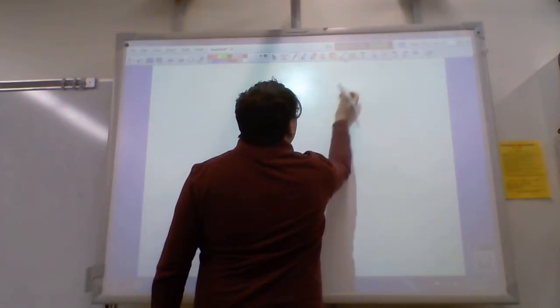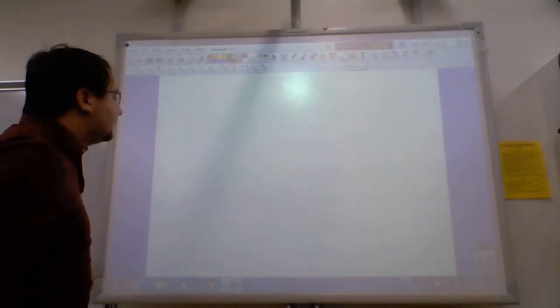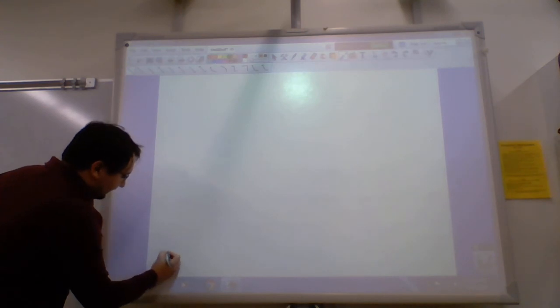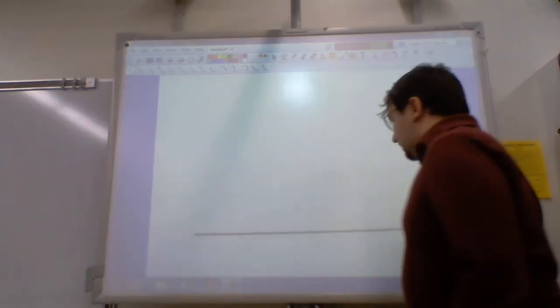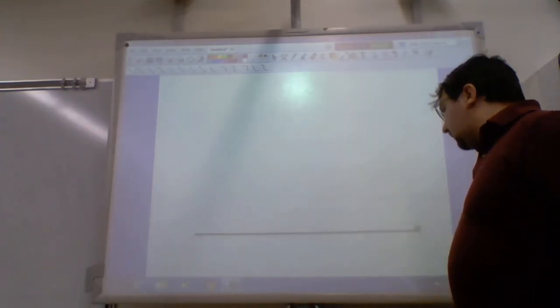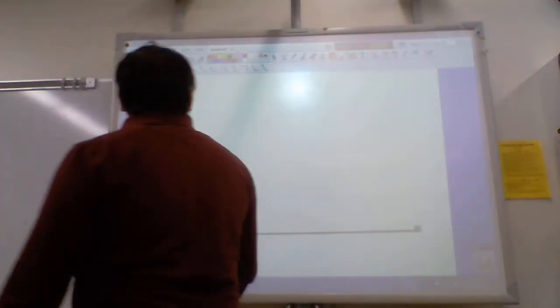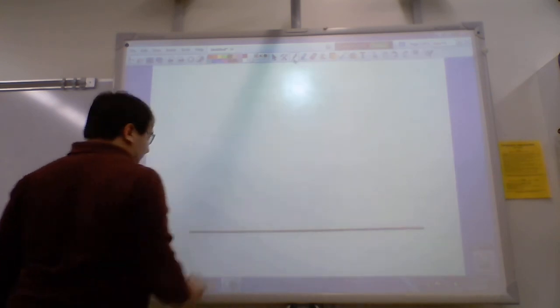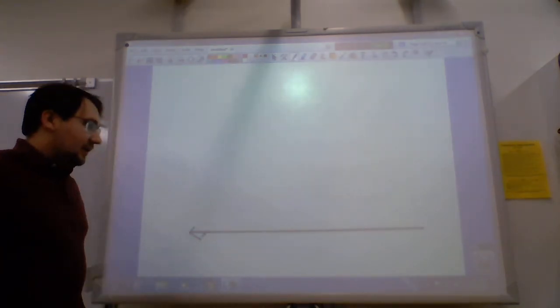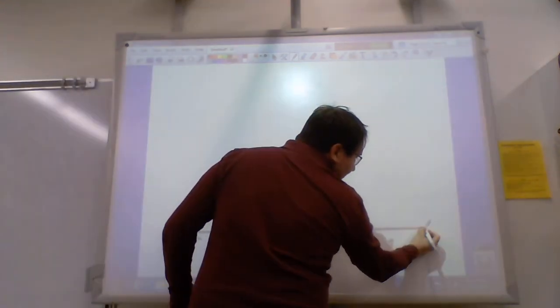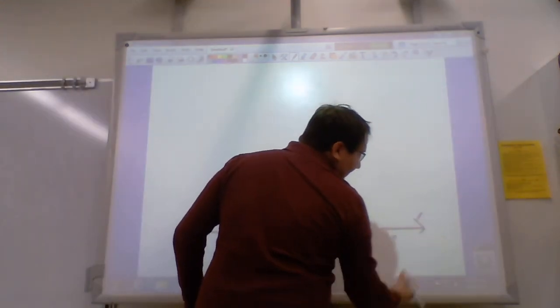From yesterday, we talked about one thing and one thing only. And that was our number line. If we remember with our number line, we have arrows on both ends. Tells us our number line goes on forever.